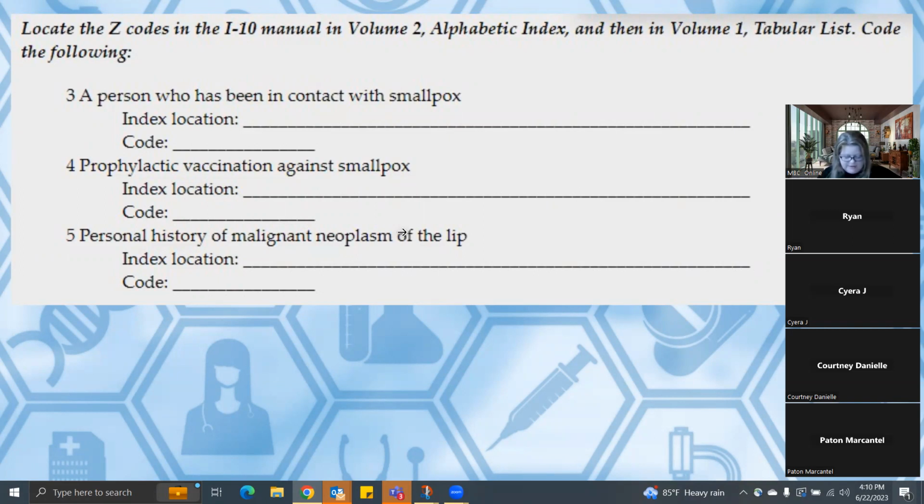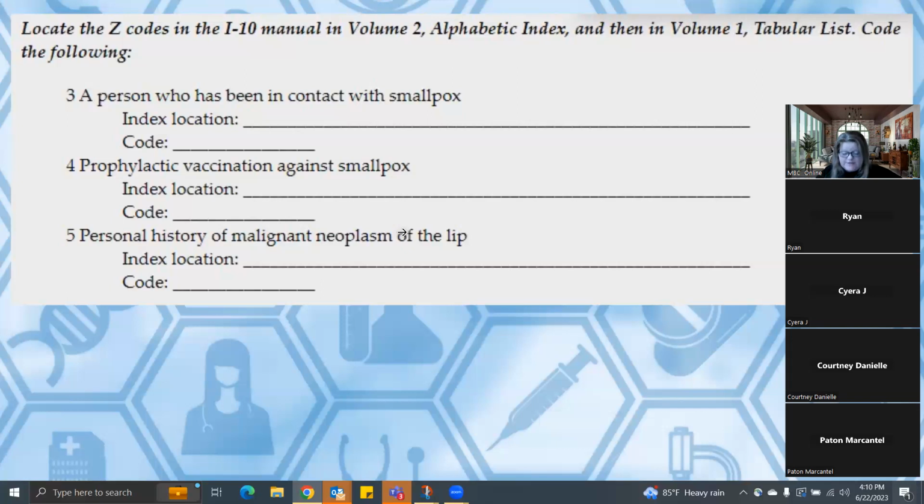That's not what we're looking for. Zika virus. That's not what we're looking for. Contact with and suspected exposure to COVID-19. Also not what we're looking for. And then Z20.828 says contact with and suspected exposure to other viral communicable diseases. So that's going to be our one instead.